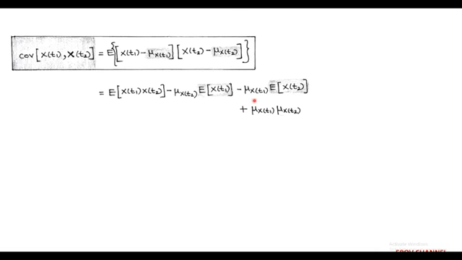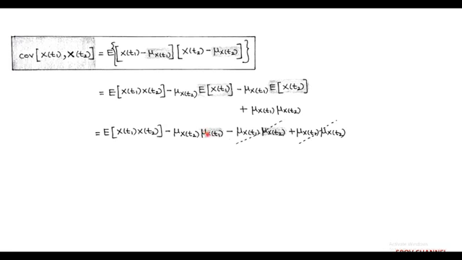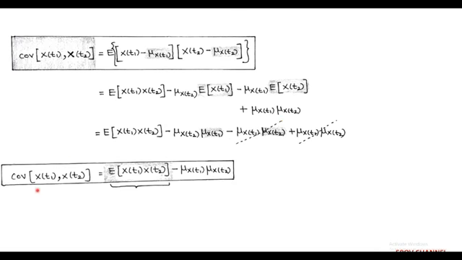Since expectation of xt1 equals to mu of xt1 and expectation of xt2 is written as mu xt2, so this makes the two terms at right side cancel, and we get covariance of xt1, xt2 equals to expectation of xt1 into xt2 minus mu xt1 mu xt2.